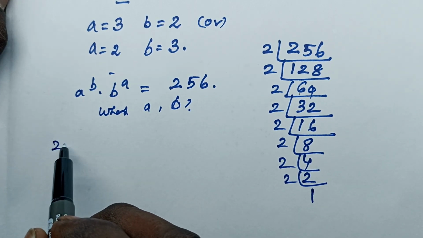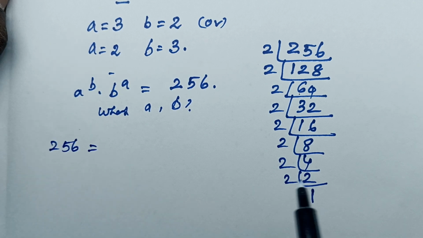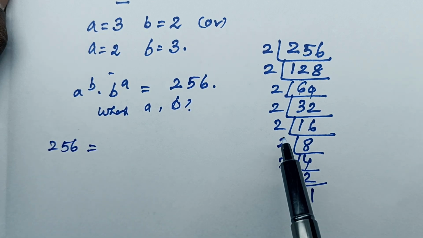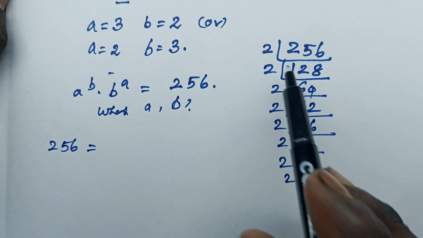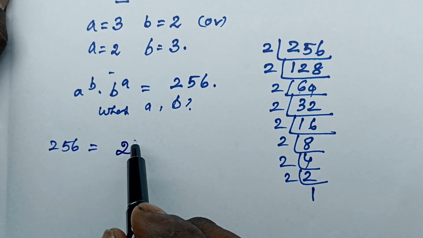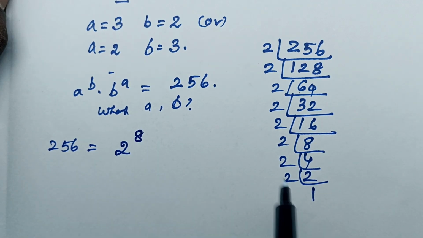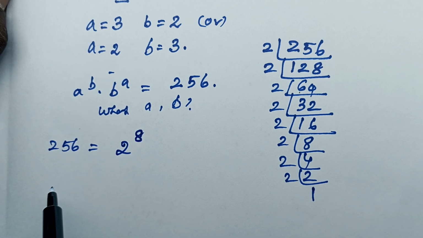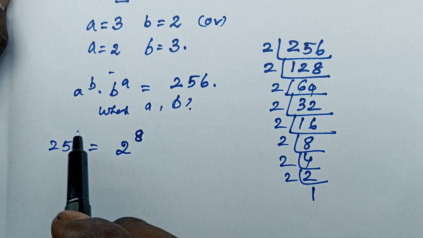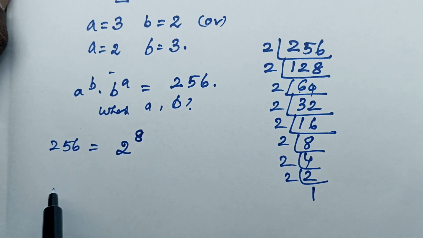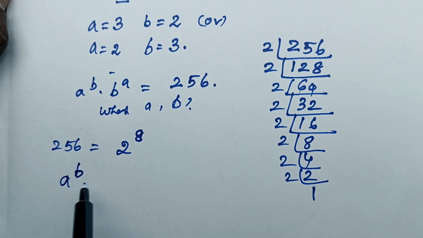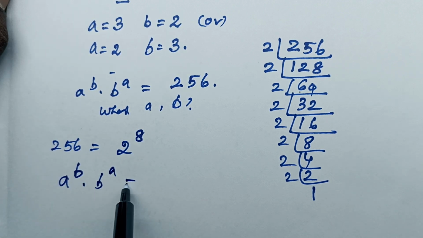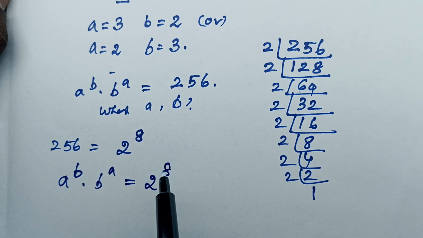So 256 can be written 2 into 2 into 2 into 2 into 2 into 2 into 2 into 2, that is 2 power 8, 8 times of 2. So we want A power B into B power A equal to 2 power 8.